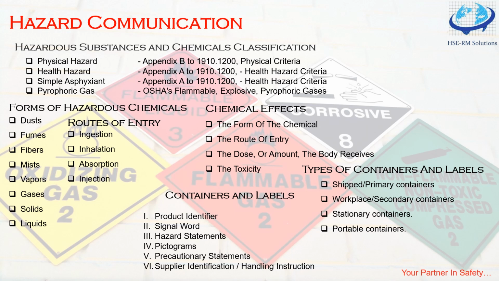So the criteria that determine whether the chemical is classified as a health hazard are also determined in 1910.1200 Appendix A for health hazard criteria.